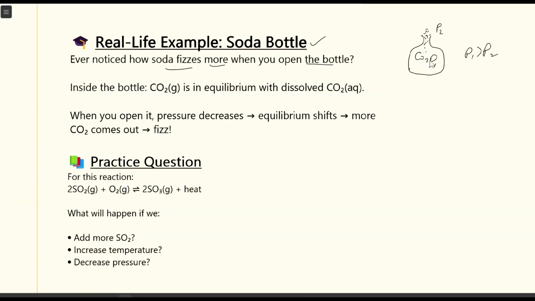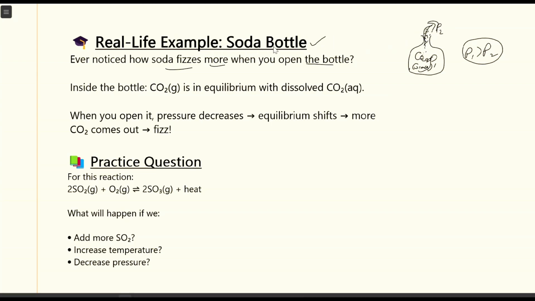Carbon dioxide is present in the soda bottle, and it is in equilibrium with aqueous carbon dioxide. There is gaseous carbon dioxide and aqueous carbon dioxide, and when the bottle is opened, there is a change in pressure, right? Pressure decreases and more carbon dioxide forms, so that escapes out.